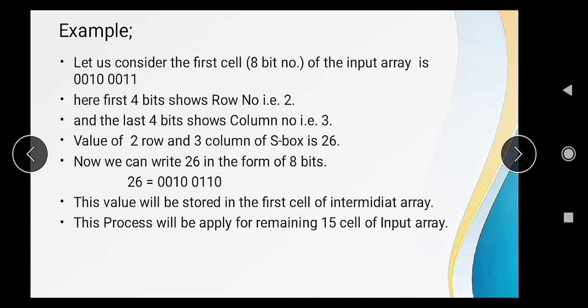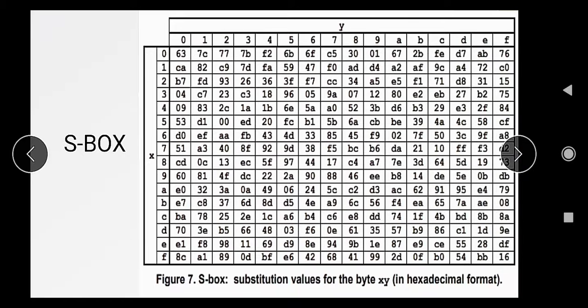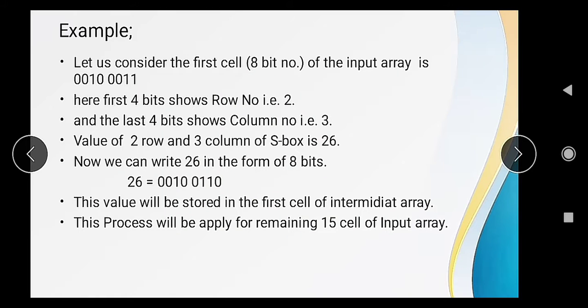So the row number is 2 and the column number is 3. We can check the value from the S box. So the value will be 26. So the result to be stored in the first cell will be 26. Okay, so this is the result of the first cell.